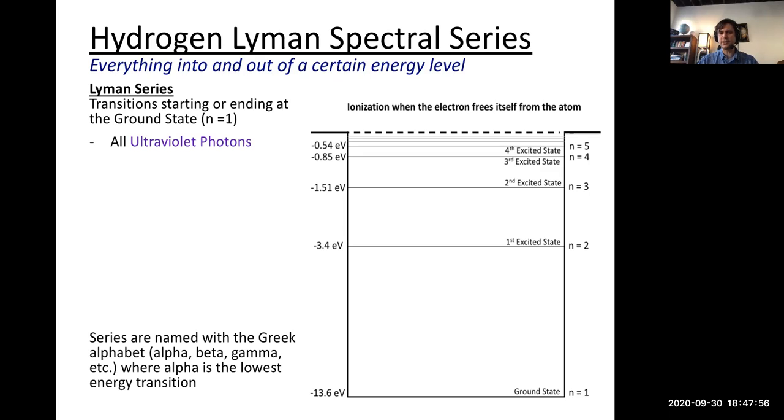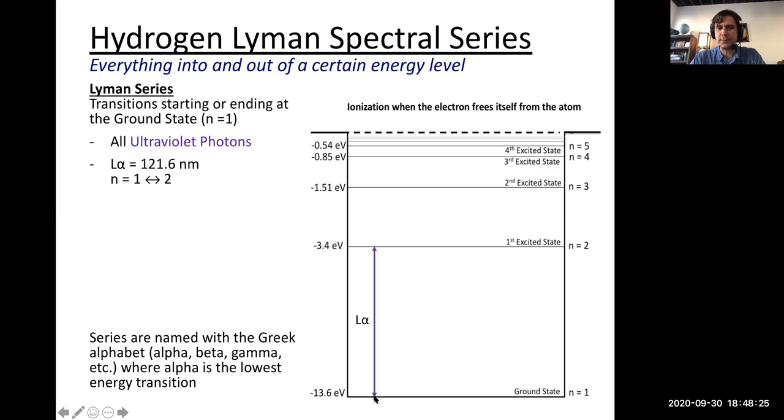The spectral series is just saying, let's approach all the photons that hydrogen can interact with in a systematic way, a series of spectral lines that all have the ground state in common. And it's the Lyman series because Lyman, an astrophysicist, was the one that mapped this spectral series out.